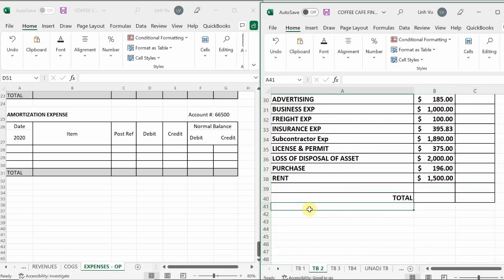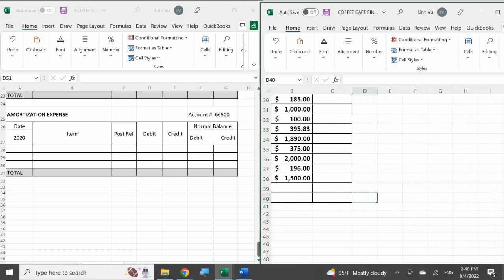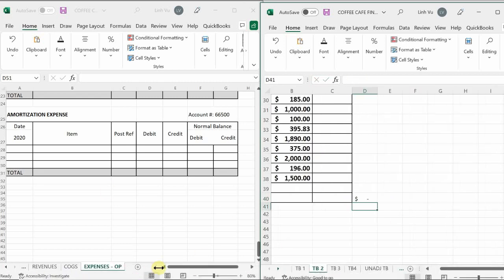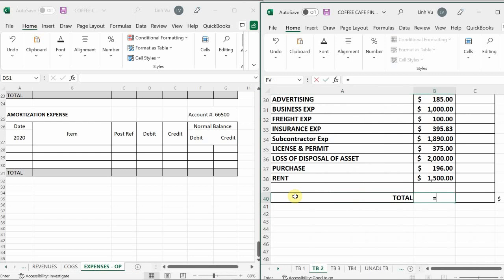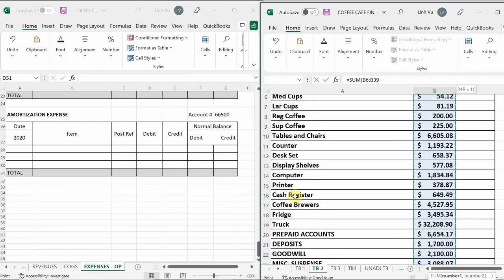Right. So there you go. Let's go ahead and run my formula here. I'm going to sum my entire column. How many total debits do I have?